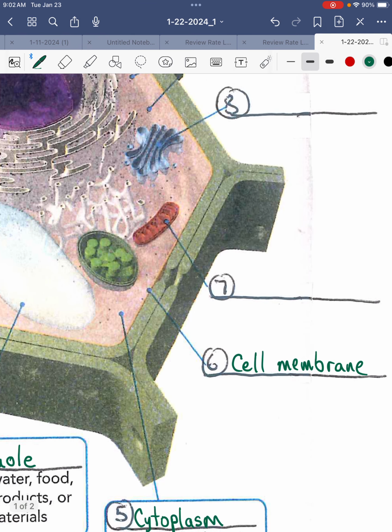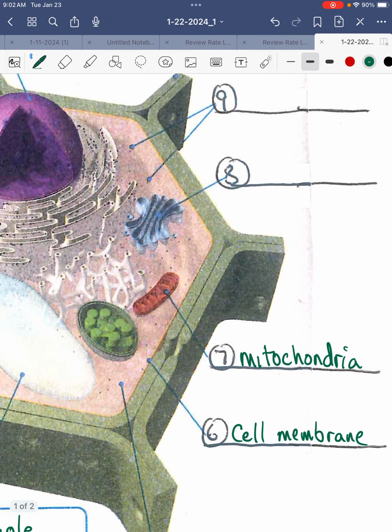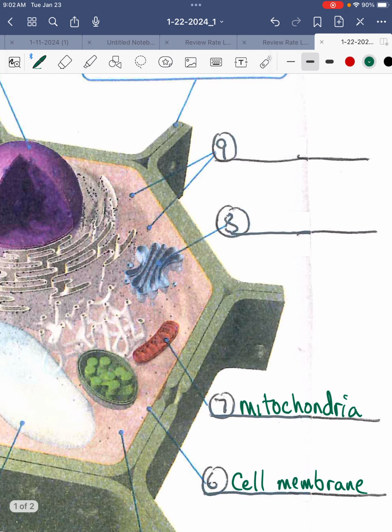This hot doggy looking thing here, this is the mitochondria. And that is where metabolism happens. That's where the food is broken down and turned into energy for the cell. And that's the mitochondria.